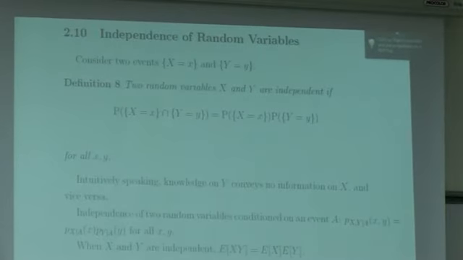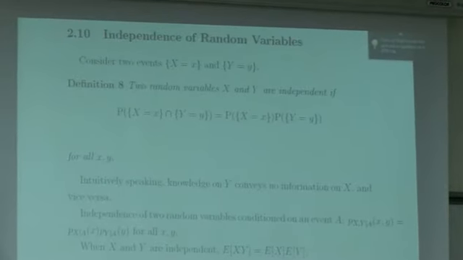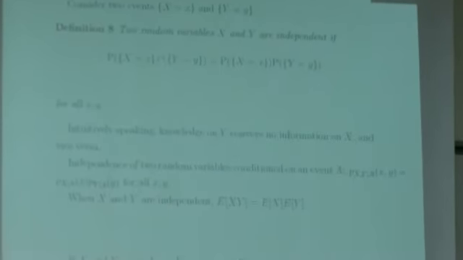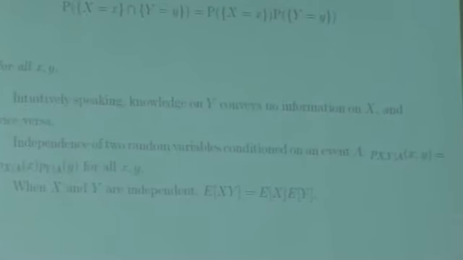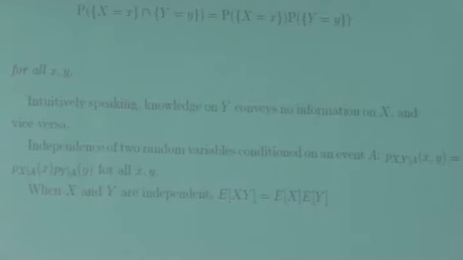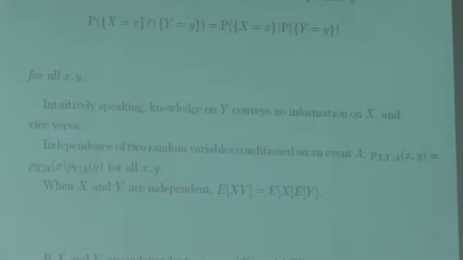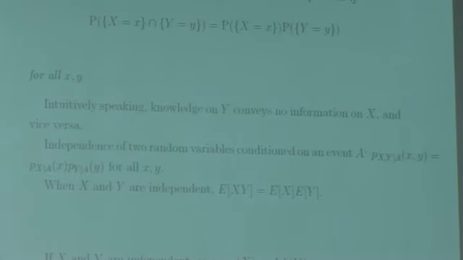And it follows from this that the joint PMF, in general, when two random variables X and Y are independent, the joint PMF breaks into the product of the marginal PMFs. Okay?